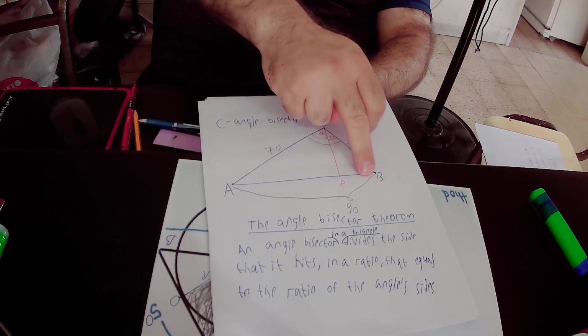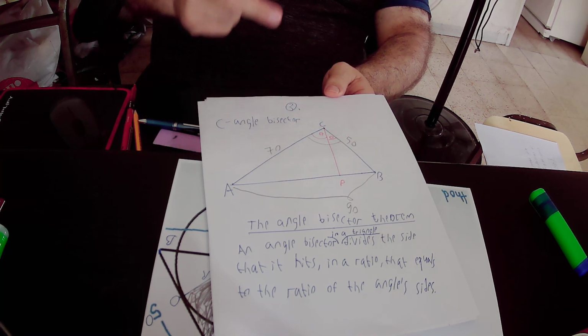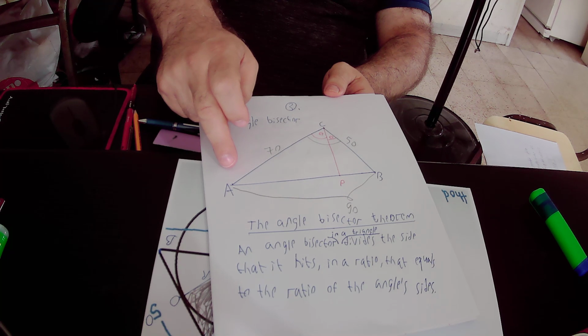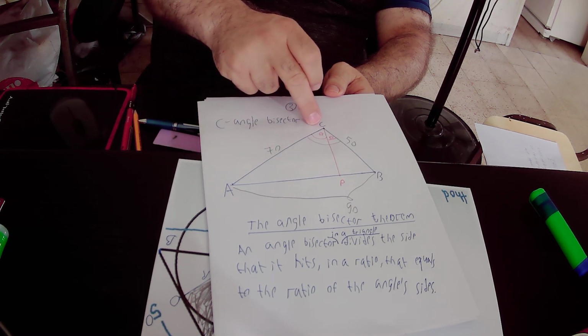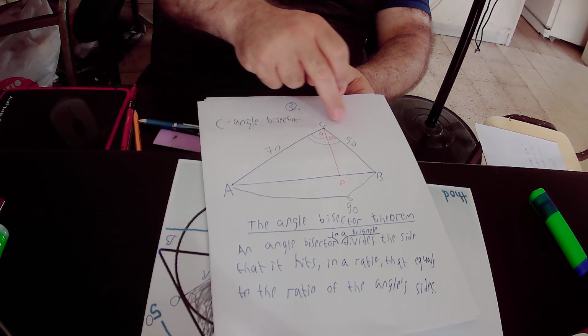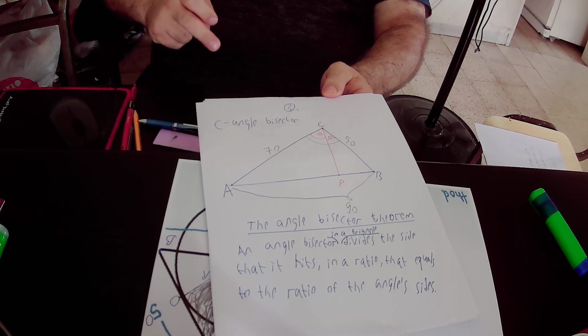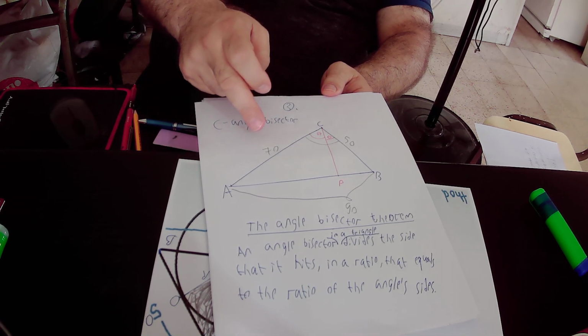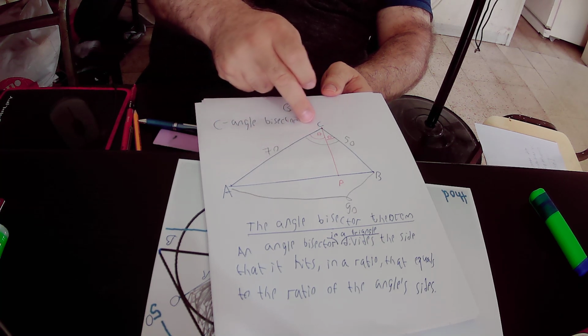Angle ACB consists of two sides. It consists of side AC and also side CB. And the ratio between those two sides is AC over CB.